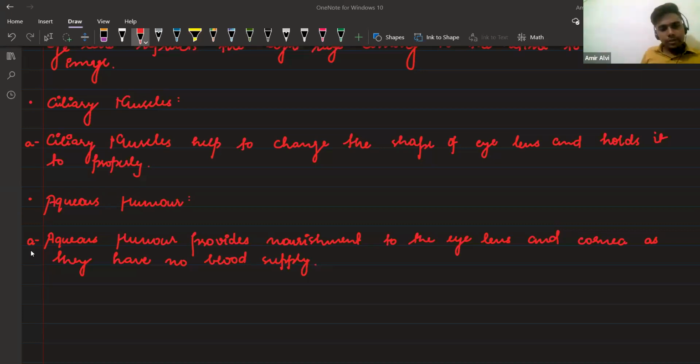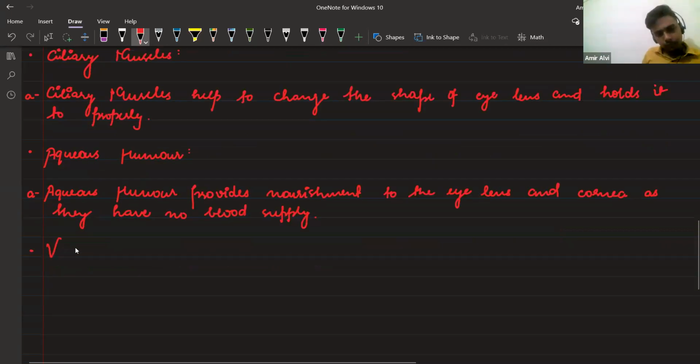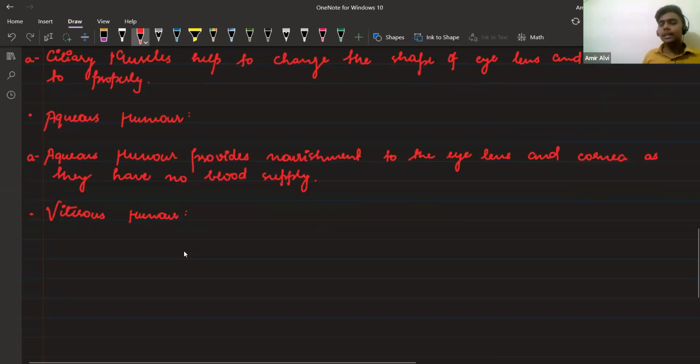Second is the vitreous humor. The functions of aqueous humor and vitreous humor are very much the same. The vitreous humor also provides nourishment, and it helps to maintain the circular shape of the eye.